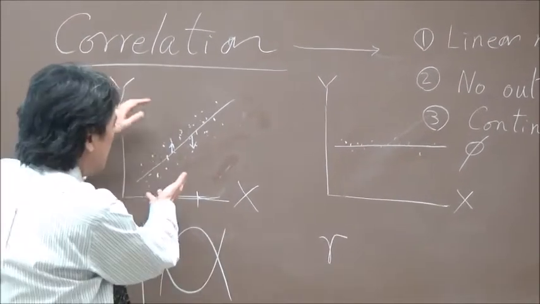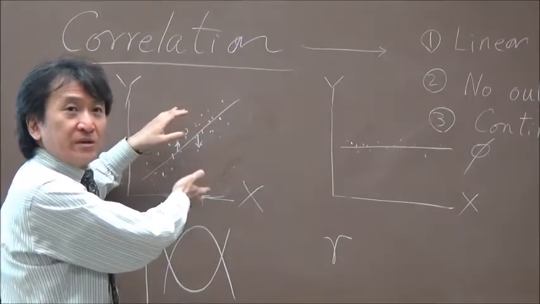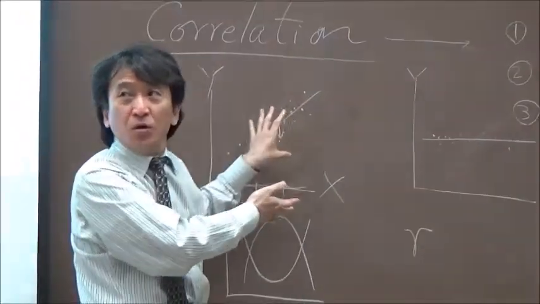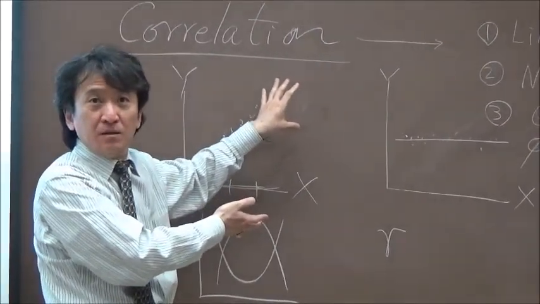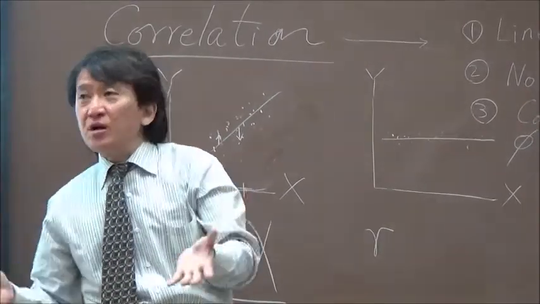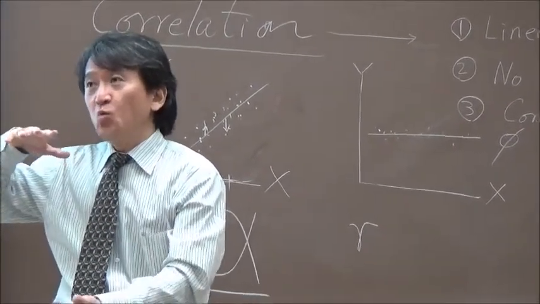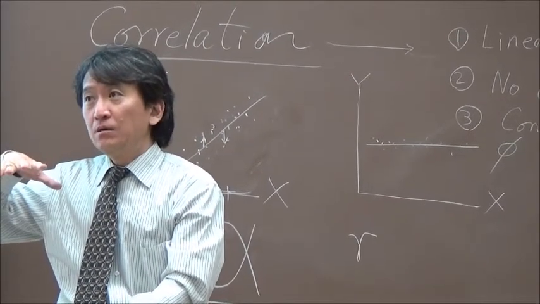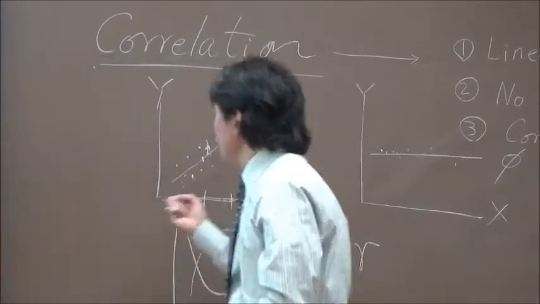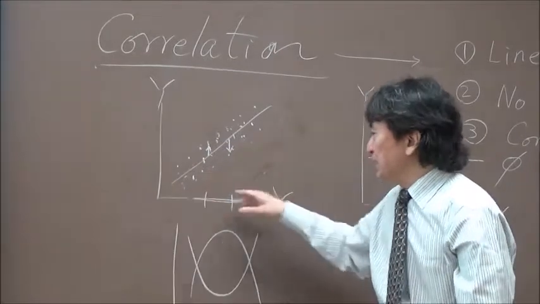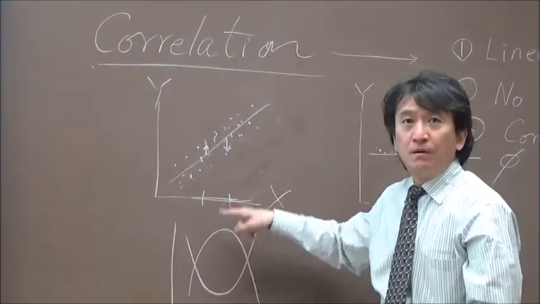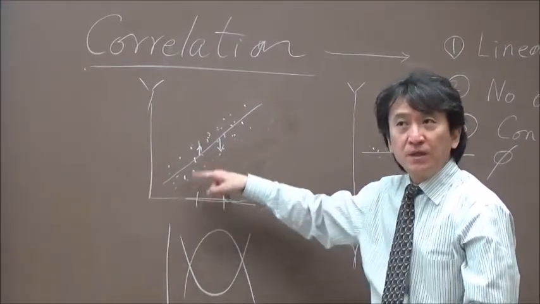So if you add all errors, the accumulation of all errors is the variance, the amount of variance in Y, right? Then the question is, how much variance can be explained by X? With me so far?